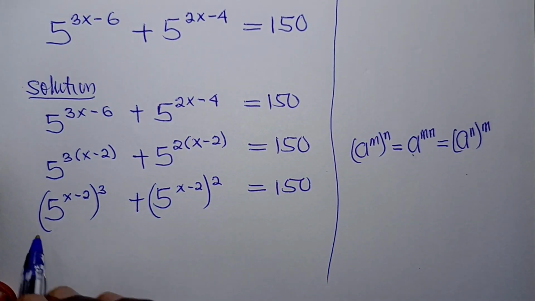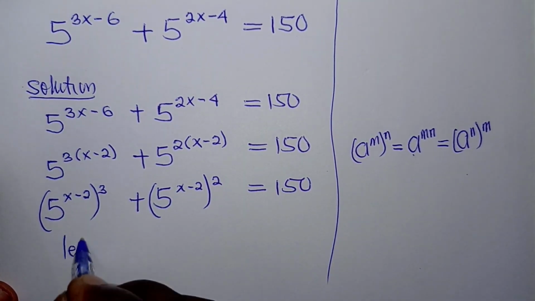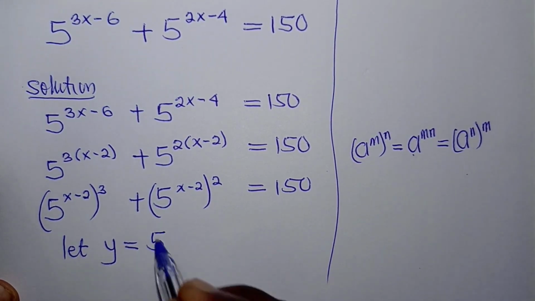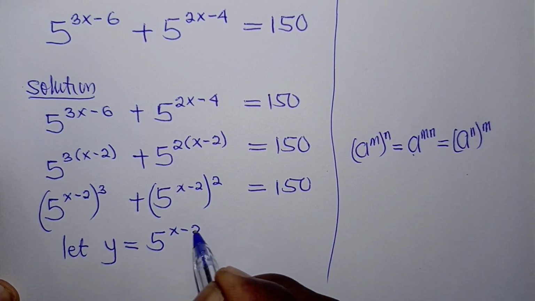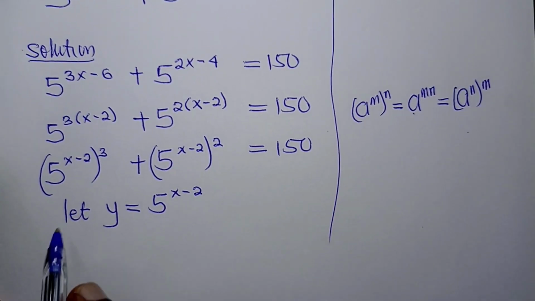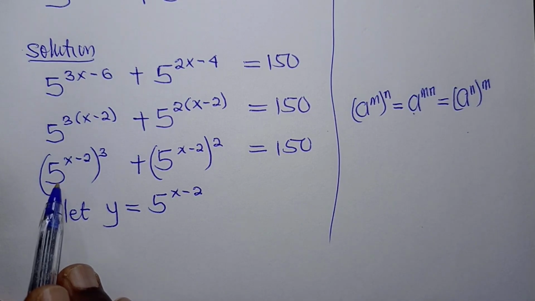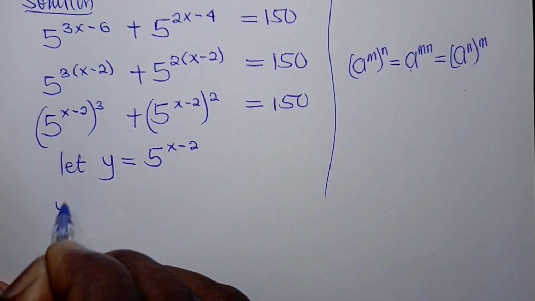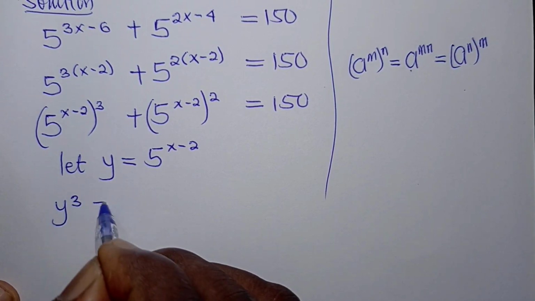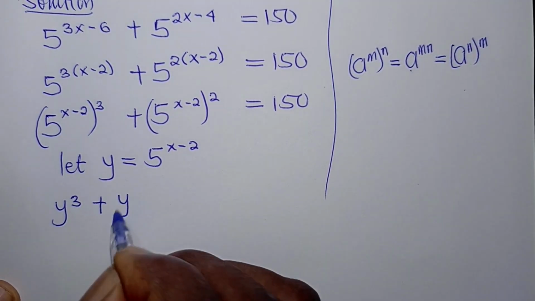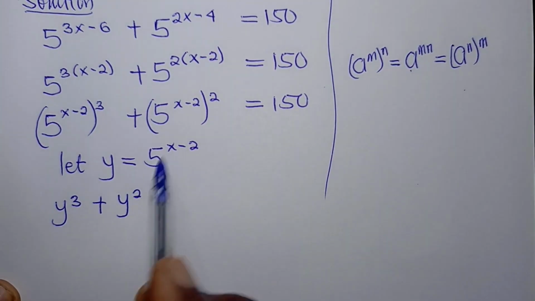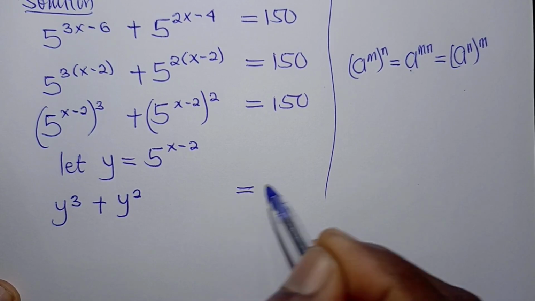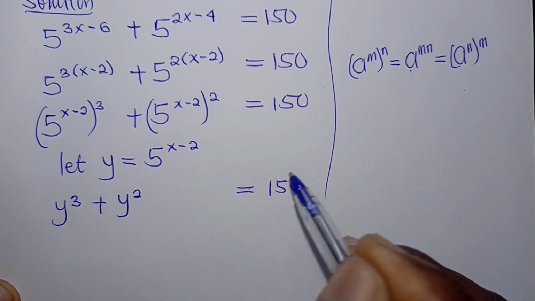Right, so we can say let y equal 5 raised to the power x minus 2, and substitute that into this particular equation. So we will have y to the power 3 plus y to the power 2, because this is replacing the brackets, equals 150.